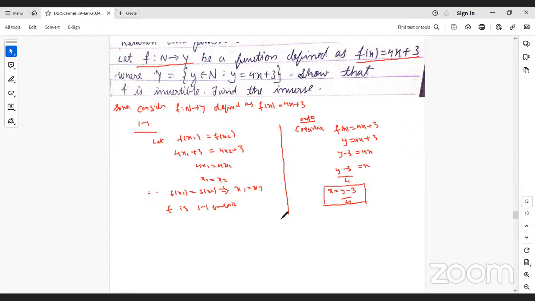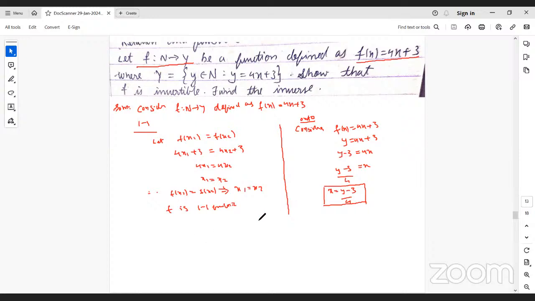So the function is also onto, but to show it is onto, we need to write down a step: let y be an arbitrary element. We need to write down this statement for showing the onto function.